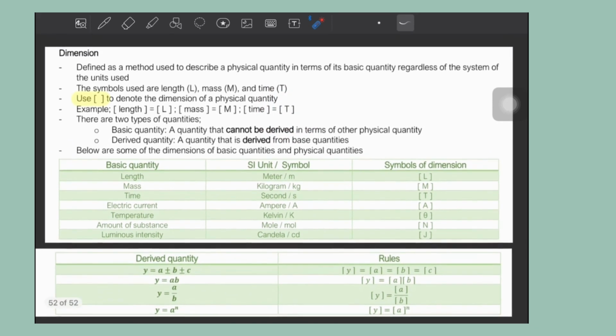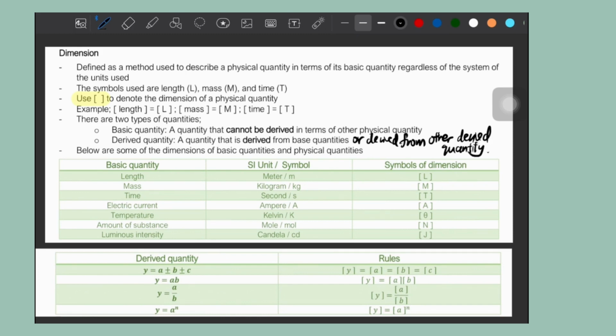So there are two types of quantity here. Number one will be the basic quantity, which is shown here with its dimension symbol. It is a quantity that cannot be derived in terms of other physical quantities, while the derived quantity is derived from the base quantities, or it can be derived from other derived quantities as well.